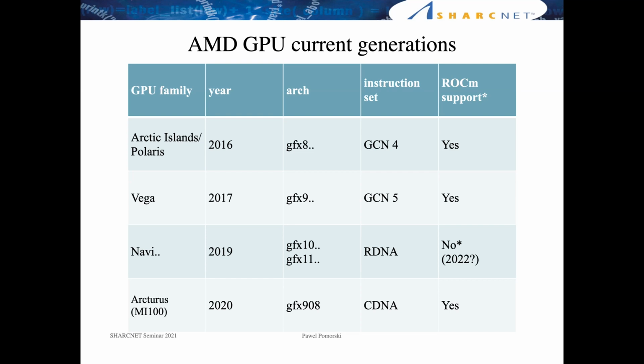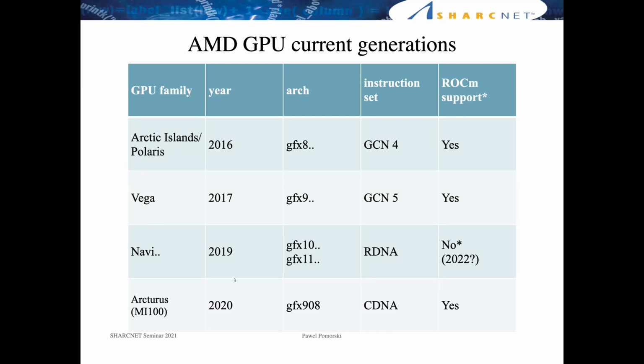Here I am listing the latest 4 families of AMD GPUs. AMD, as you well know, is the main competitor to NVIDIA. Just like NVIDIA, AMD makes a lot of gaming GPUs. The family names are complicated, but they fall under the following: Arctic Islands, Polaris, Vega, Navi, and Arcturus.